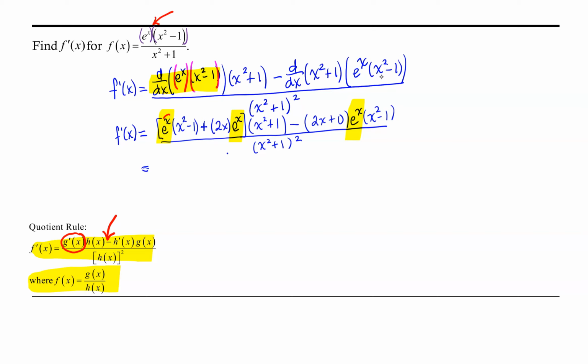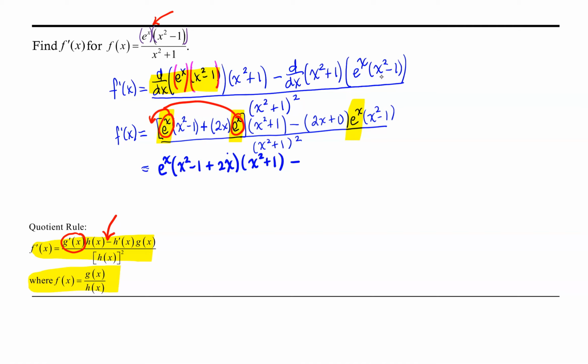To help you see that, this e to the x and this e to the x are going to come out in front of the quantity x squared minus 1 plus 2x. So we're going to have e to the x times x squared minus 1 plus 2x, and then we have the x squared plus 1.